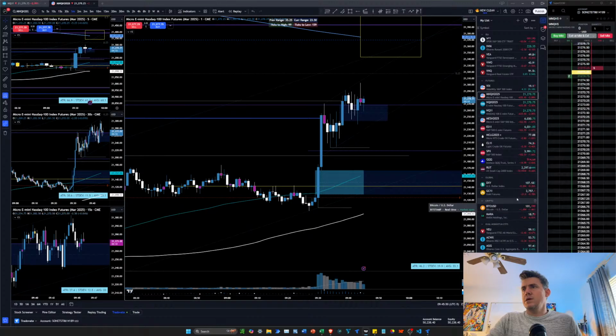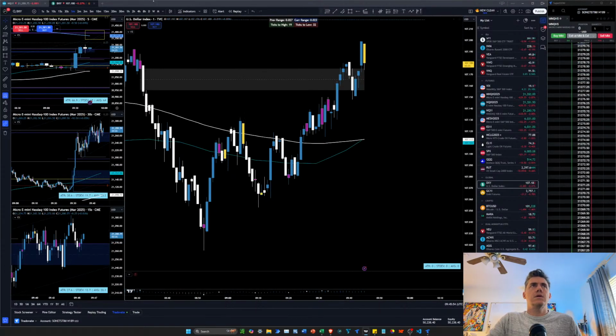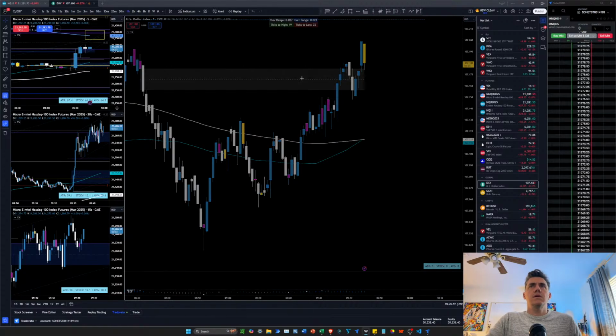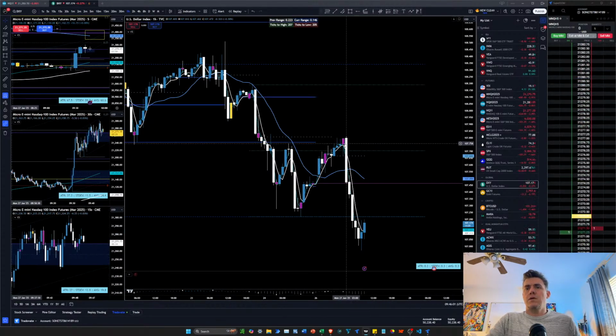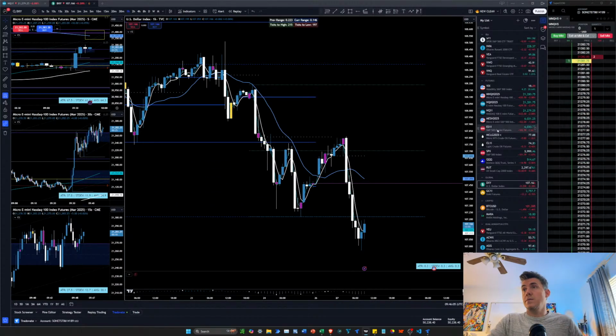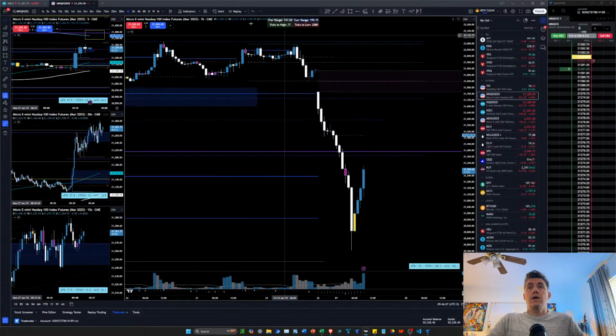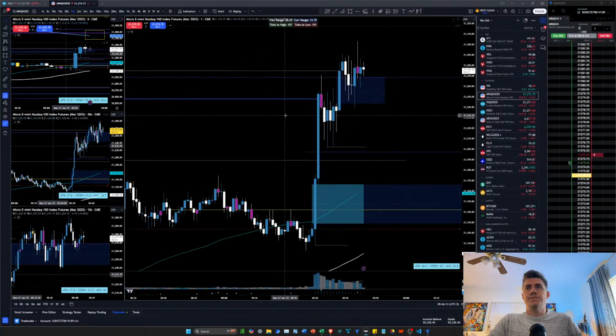Have to see here. What's the dollar look like? The dollar also selling off. Dollar weekend also pushing up. I would like to see those not move in tandem.